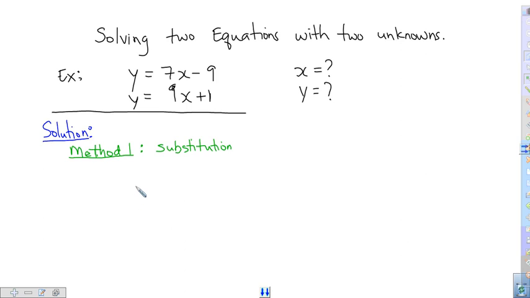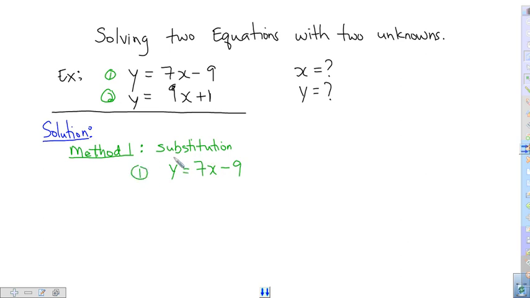Okay, so what substitution requires is taking one of the equations. And so let's take the first equation. Let's number the equations here. We have equation number 1 and equation number 2. So let's take the first equation, y equals 7x minus 9. Okay, and so this is equation number 1.